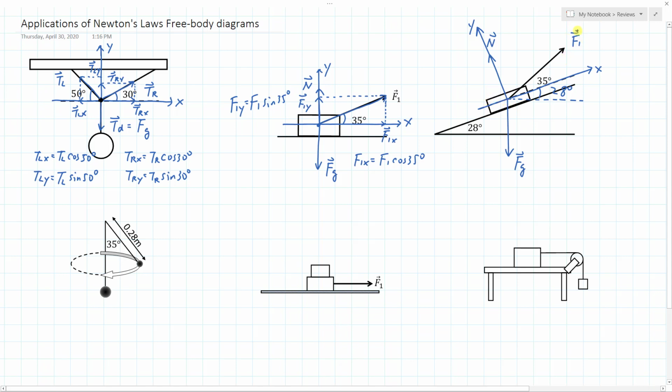So this F1 here needs to be decomposed along this new axis. So this is F1x, and F1x is F1 cosine 35 degrees. And across is F1y.